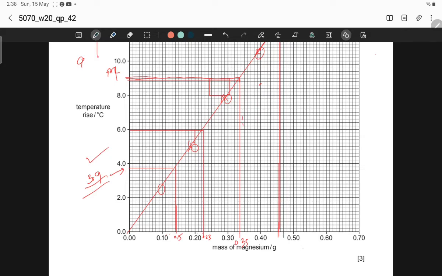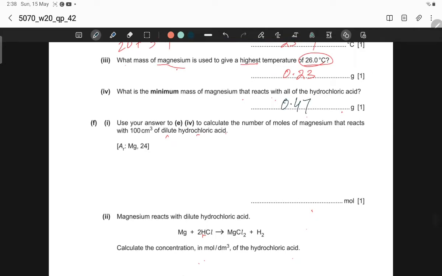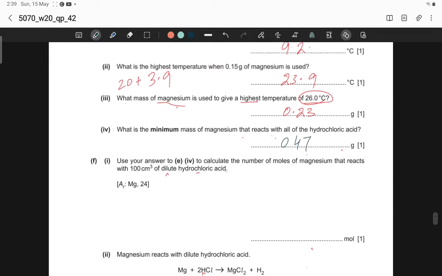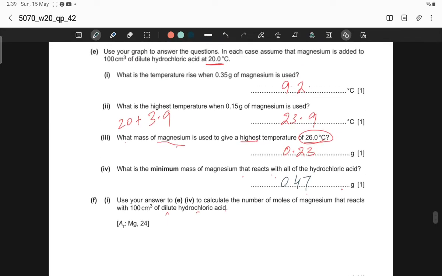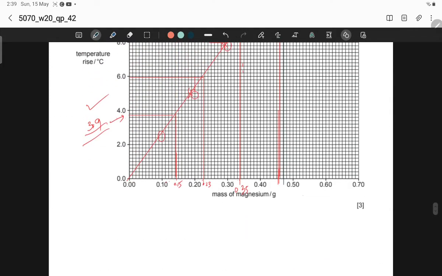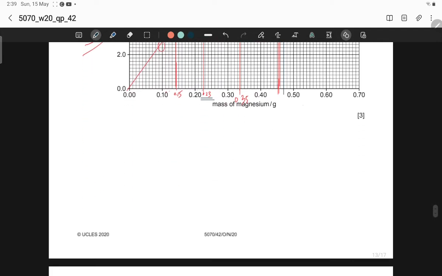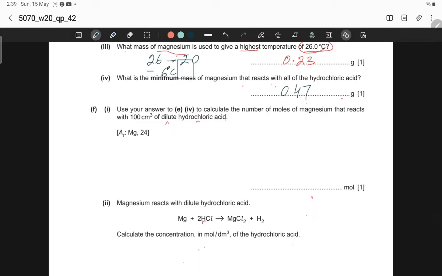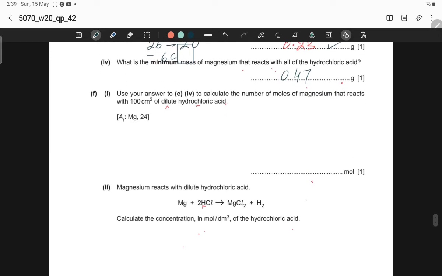It's nearly about 0.47 gram. So over here 26 degrees centigrade, and the initial temperature is 20 degrees centigrade, this will be equal to 6 degrees centigrade, which is 0.23 gram. Now it is understood.